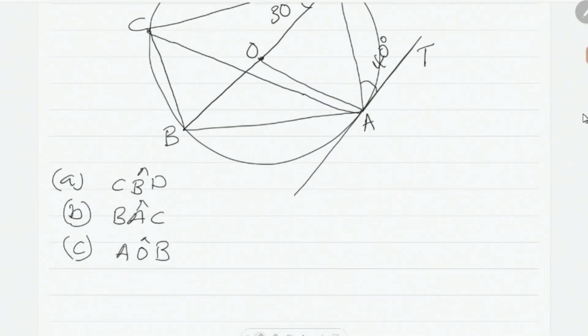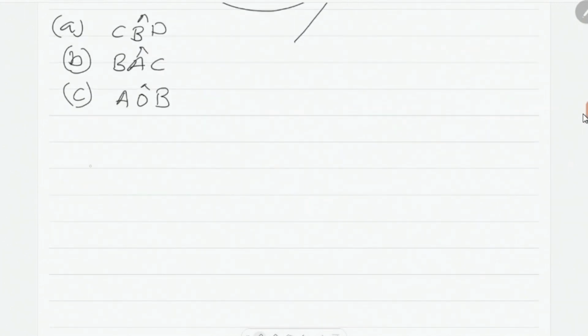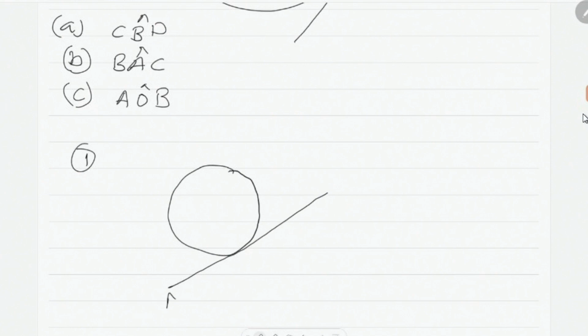The first property I'm going to talk about is the tangent property. When you have a tangent like that, let's call this tangent AC, and then we have the center of the circle, which is O. Let me draw a radius which touches the tangent at point B. Property number 1 is that angle OBC is equal to 90.